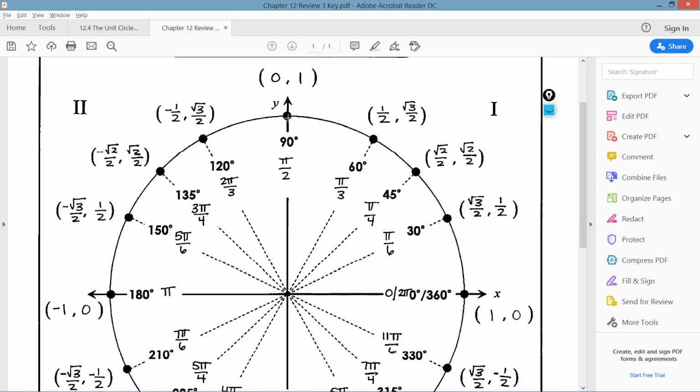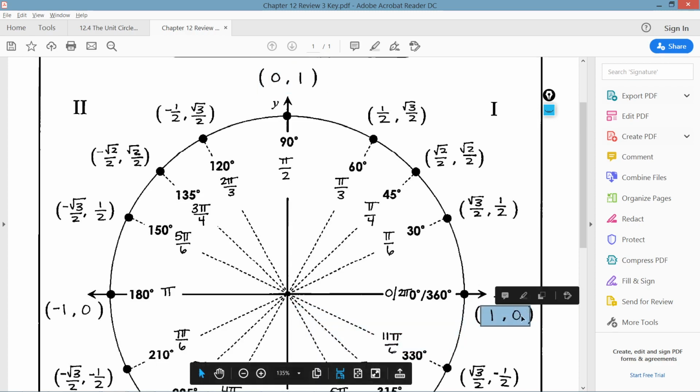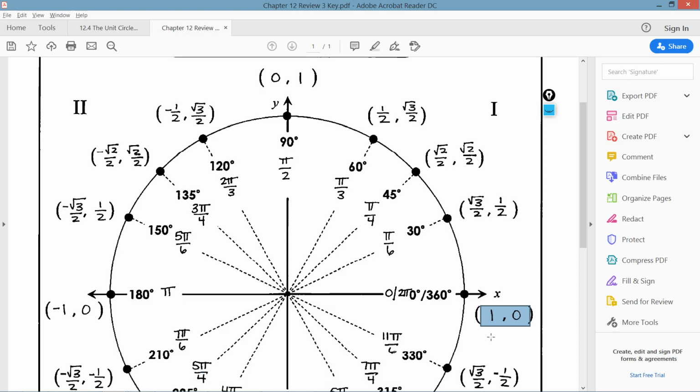When we're at 90, the x component is 0 and the y component is 1, because the line is straight up and down instead of being completely sideways. So in my opinion at least, 90 degrees and 0 degrees are intuitive. Meaning, once you understand why these things are happening, I don't think you ever have to think about that again. Okay? What's that leave us with?